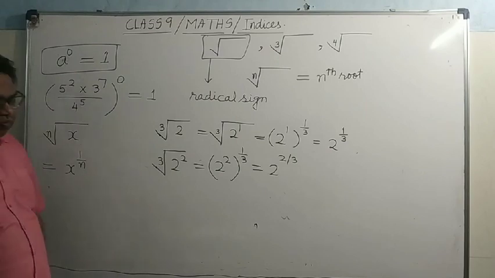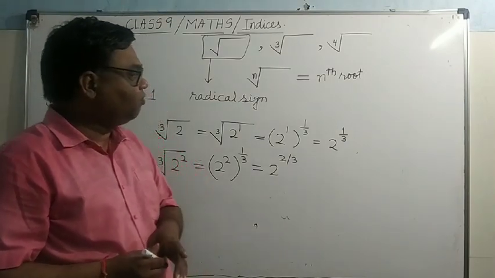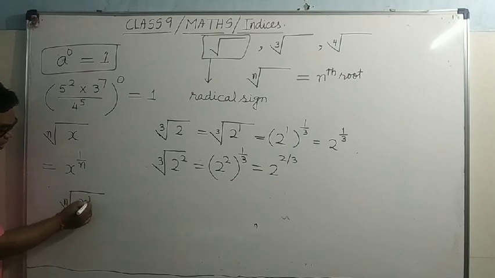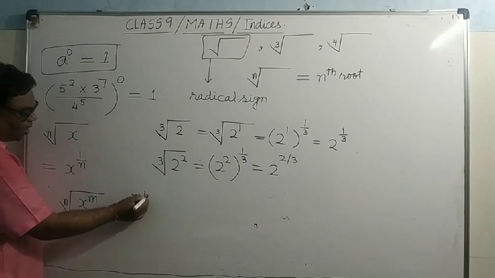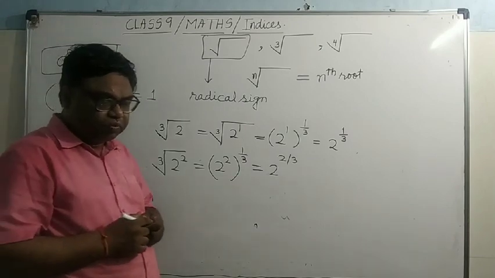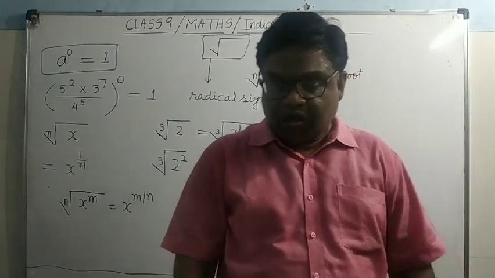So here, one more: suppose it is written nth root of x to the power m. So it will be x to the power m upon n.